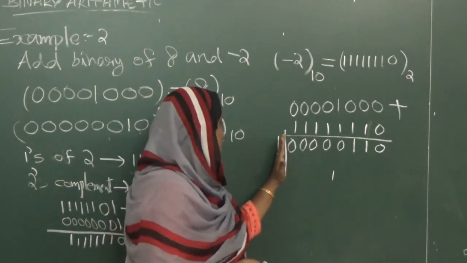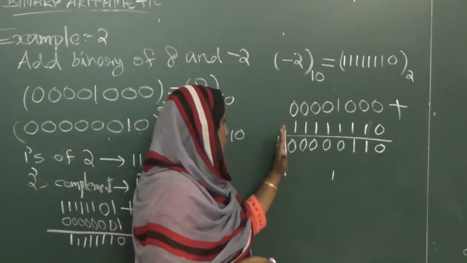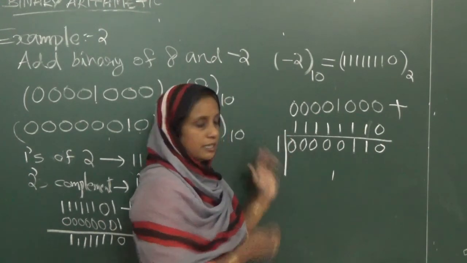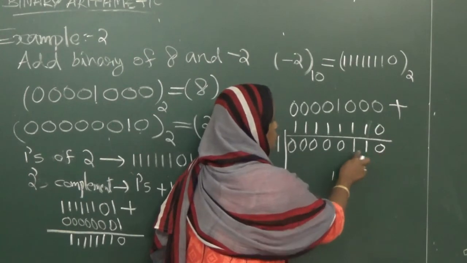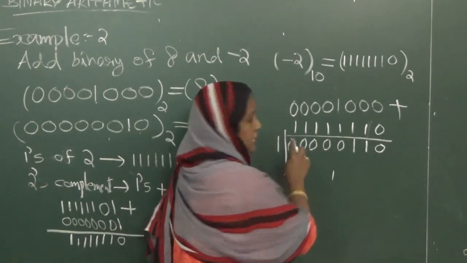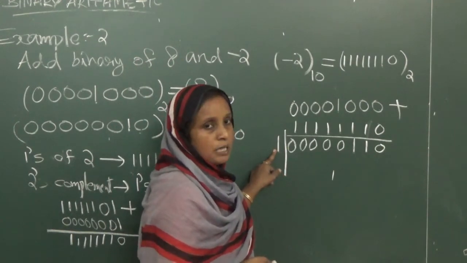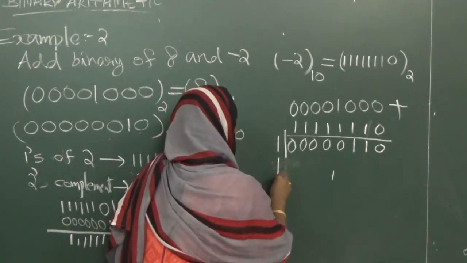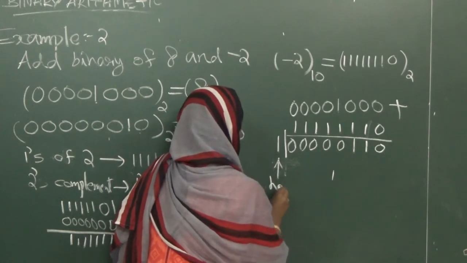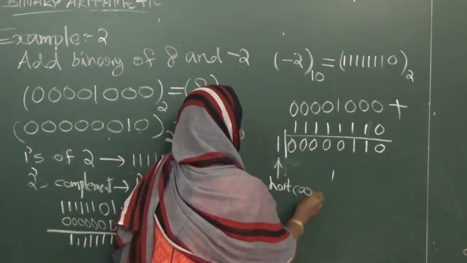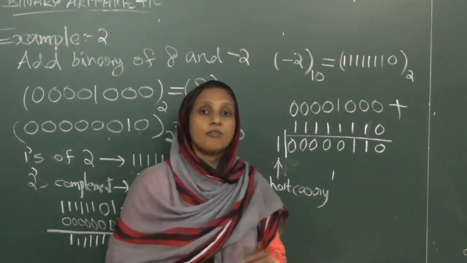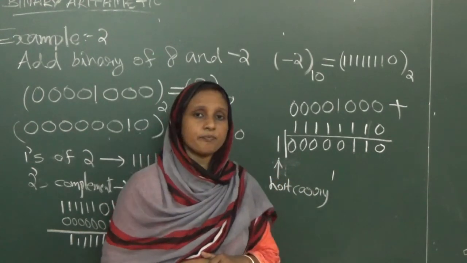The last bit is outside this 8-bit representation. You can see here 1, 2, 3, 4, 5, 6, 7, 8. The 9th bit is the last carry 1. This is called lost carry. Why this is called lost carry?